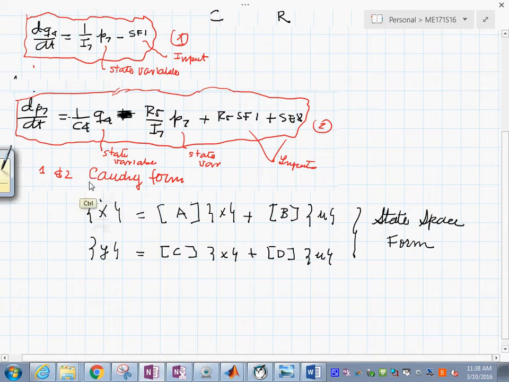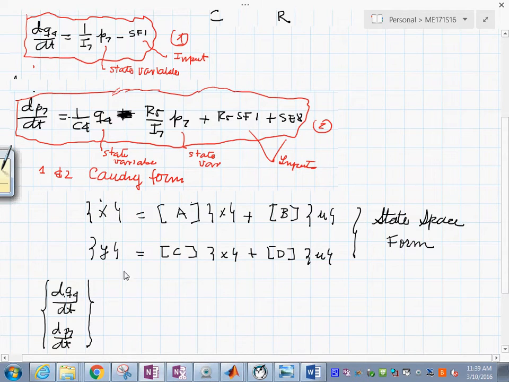And so we're going to say, okay, equal, and then we're going to put the vector over here like this. And then you have these two state variables, q sub 4 and p sub 7, and then you're going to say plus this matrix here, and then the input vector.